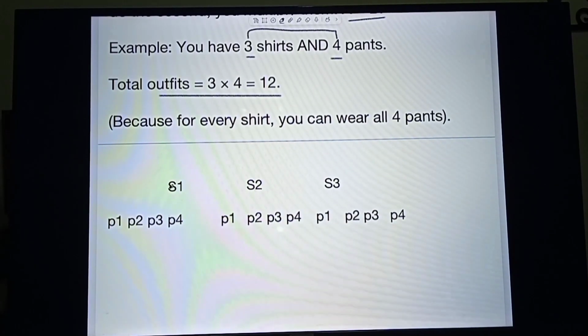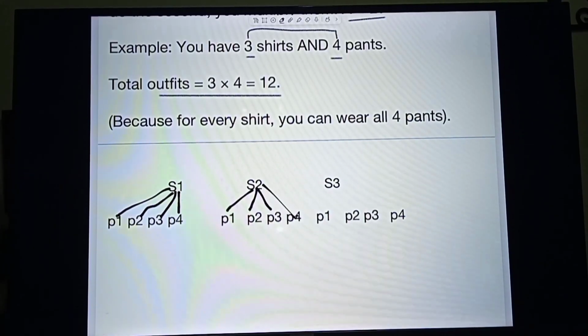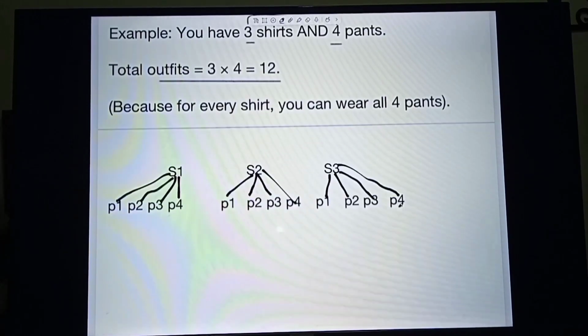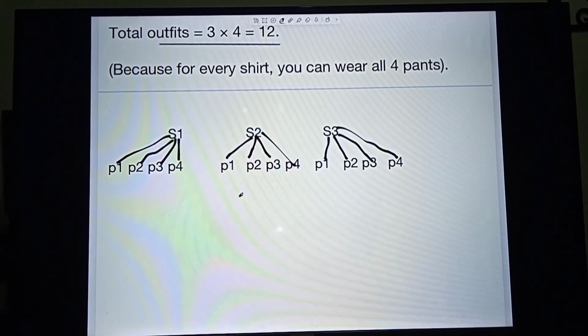Now connect S1 with P1, S1 with P2, S1 with P3, S1 with P4, S2 with P1, S2 with P2, S2 with P3, S2 with P4, S3 with P1, S3 with P2, and S3 with P3.